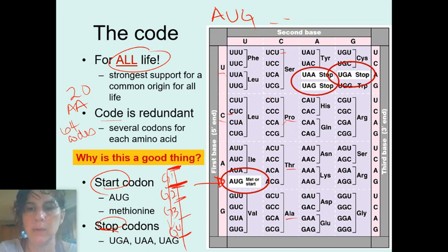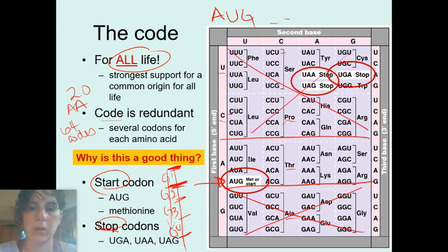So I know I'm in this row and I've pretty much eliminated everything else, okay? My second base here is U. So I come across the top where you find the second, and again, you have those 4 letters, U, C, A, G. I find U, and I know that I'm in this column here, so I've just eliminated all of this. The only thing I have left is this little box, and then I find the G, and I've got it. Third base is over here.